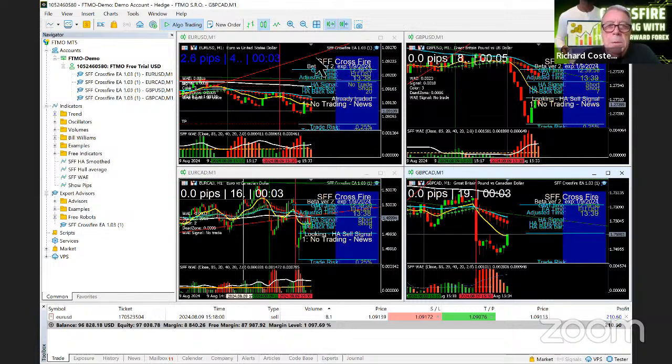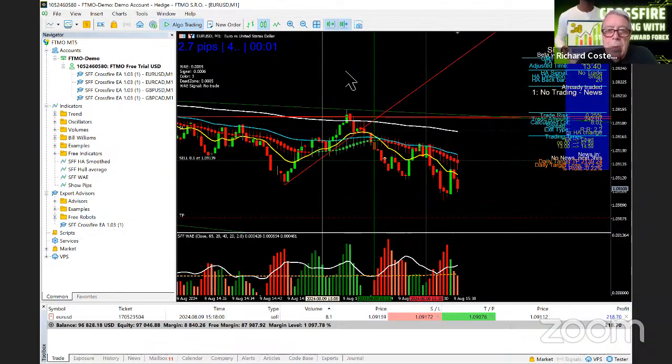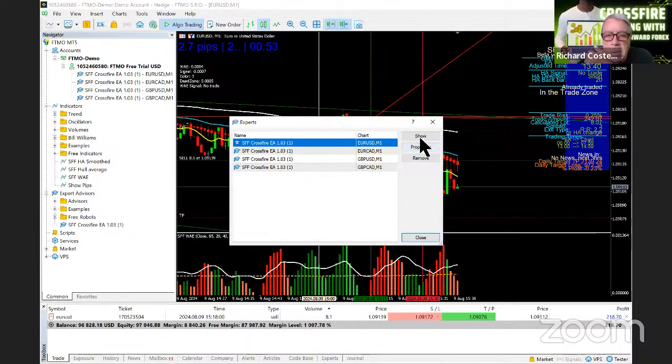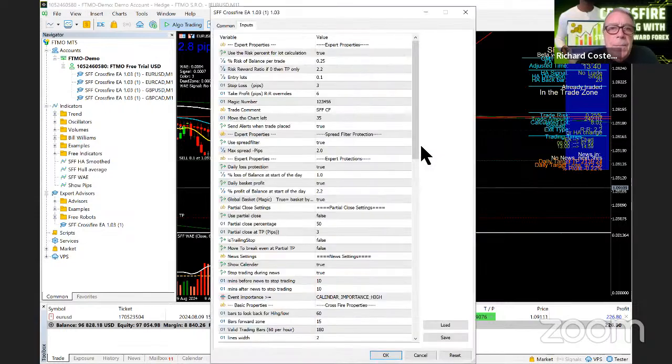I'll go back to this one. Because there's a couple of other changes I've made. When you get the Crossfire Expert Advisor, these will be preset, and if you want to change them, they're all changeable until you get everything satisfactory.